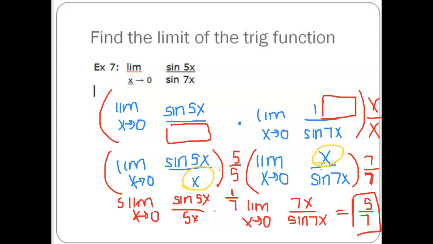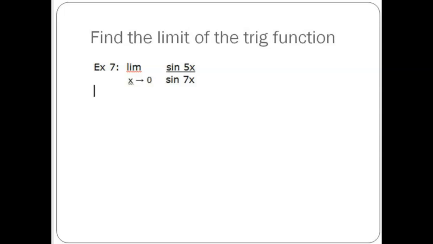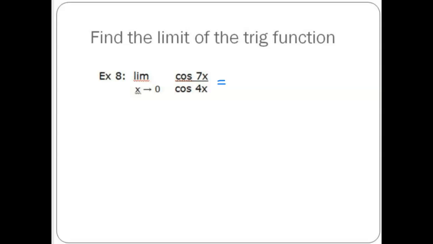Okay, let's talk about cosine. So you have cosine 7x over cosine 4x. Remember that the very first thing you are ever supposed to do when you have a limit is to substitute.